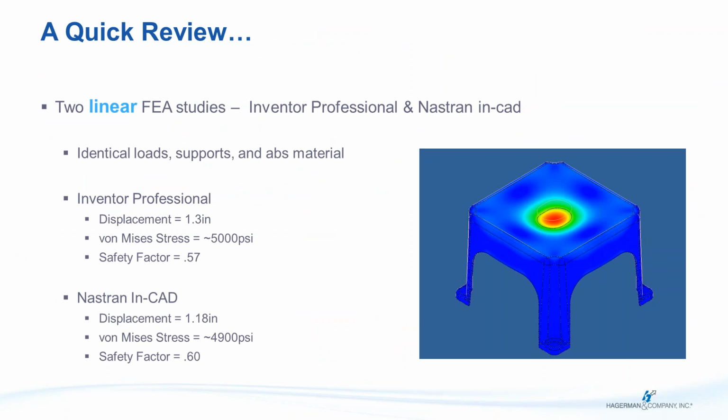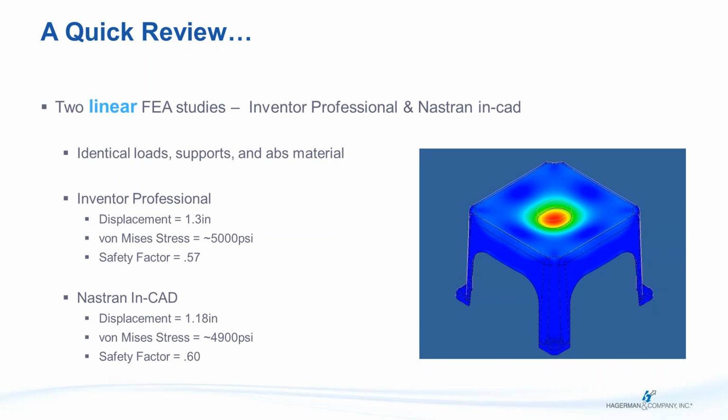What we did was we ran two linear FEA studies, one in Inventor Pro, one in Nastran. That was the wrong study to run in both packages, but it told us that with identical loads, identical support situations, and the same material in both applications, Inventor Pro gave us a displacement of 1.3 inches, Nastran 1.18.